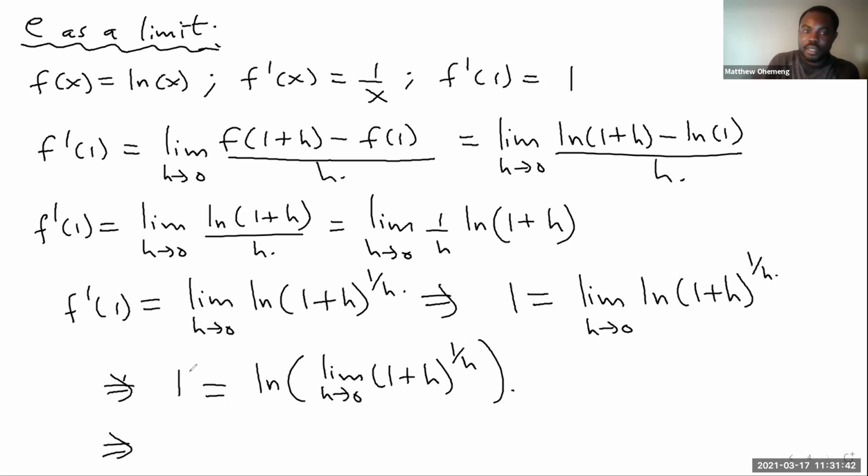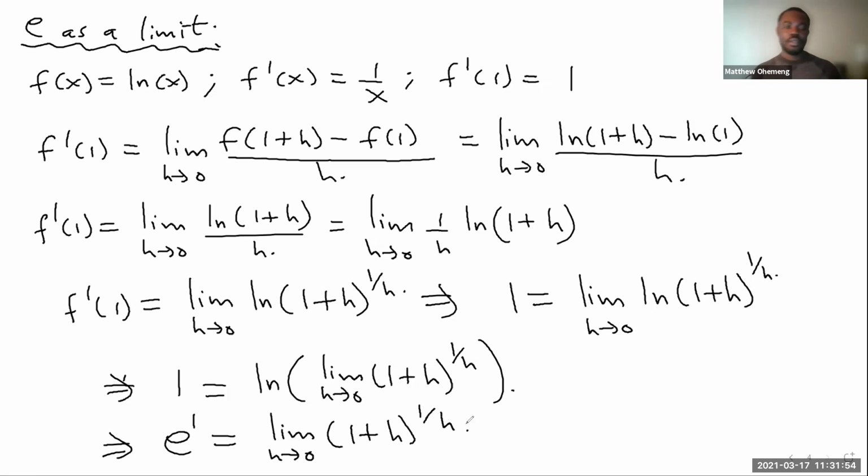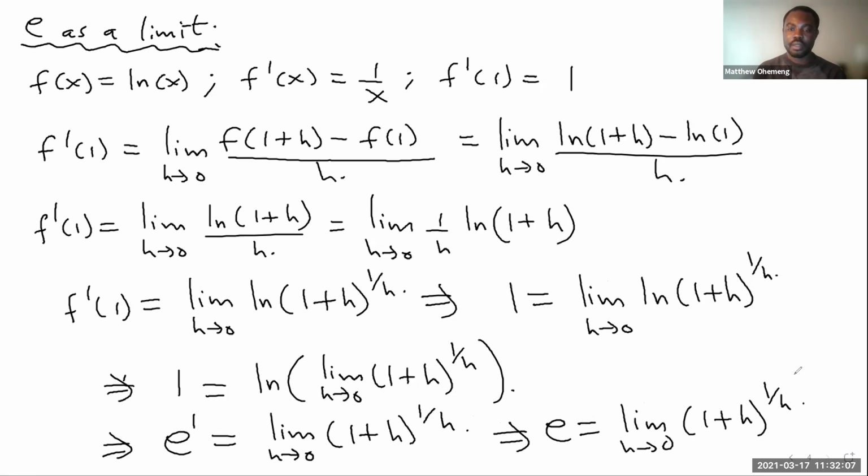So if the base is e, then e to the 1 equals the limit as h approaches 0 of 1 plus h to the 1 over h. This gives us the first expression for e as a limit. So we can say that e is equal to the limit as h approaches 0 of 1 plus h to the 1 over h.